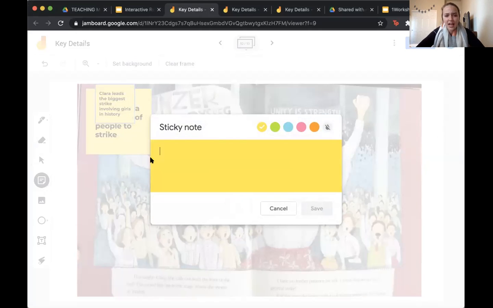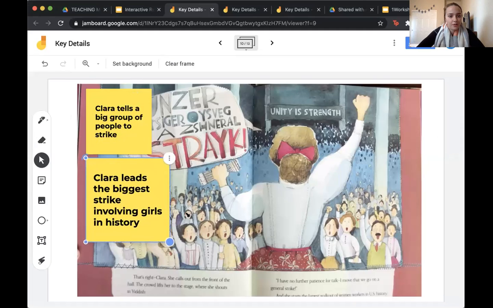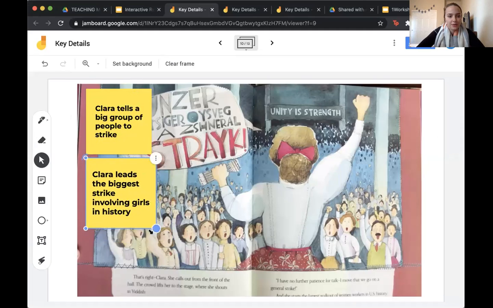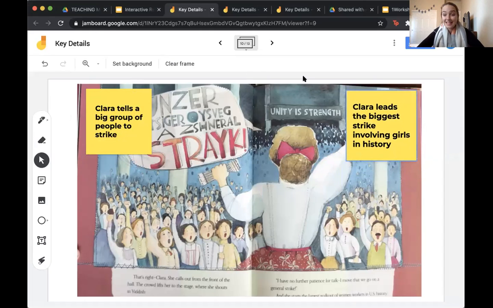That seems important. I want to remember that. Let's put the sticky note over here. Let's put another one on this page. All right, let's keep reading.